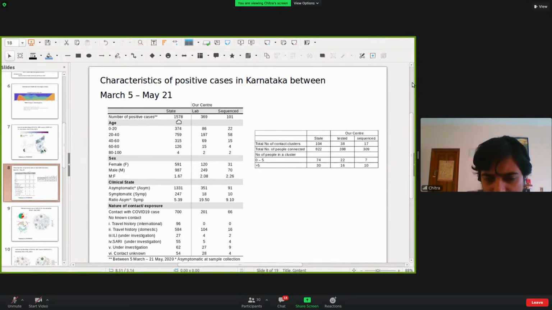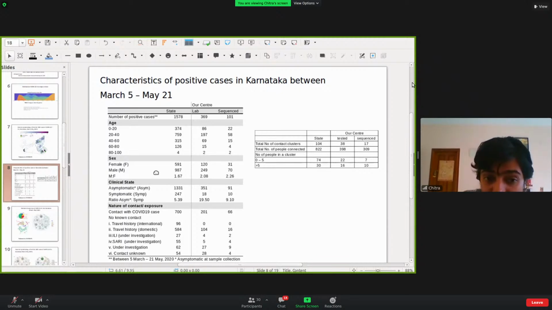So the state had about 1,578 cases. Our lab got 369. We sequenced almost 1 in 4 of them. And you can see that the age distribution that the state had at that time was skewed towards younger people. And we had that in our representation as well.